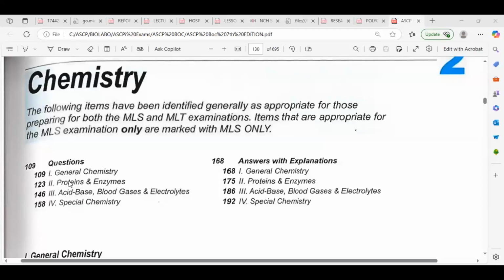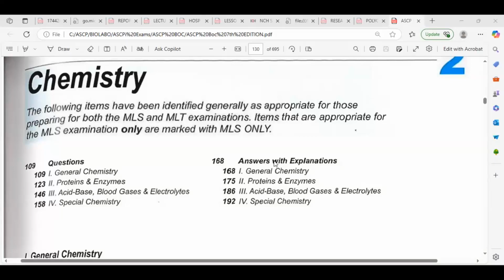Mostly these MLS only questions are those intended for medical lab scientists, but not medical lab technicians, because we also have medical laboratory technicians, known as MLT, those who hold an advanced diploma in MLS or MLT.